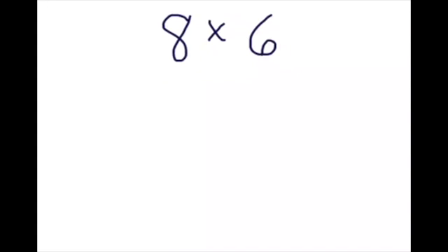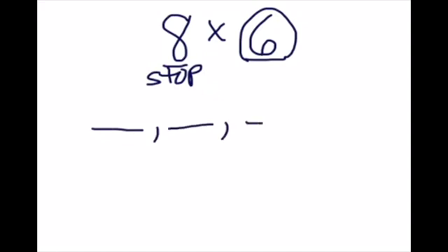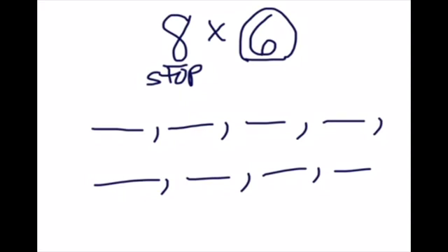Okay, it is time to do our strategy. So for the first one, I'm just going to show you by counting by 6s, and I will stop at the 8th number, okay? So we have 8 blanks. And we will stop at that 8th number by counting by 6s.